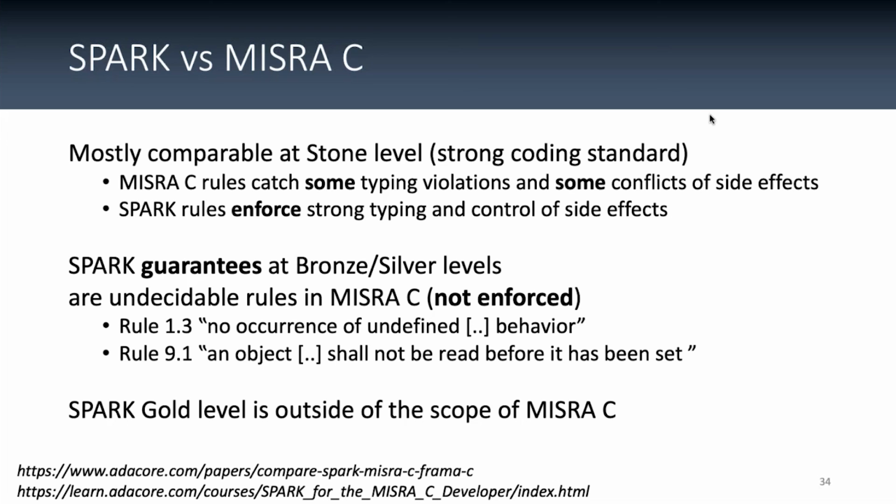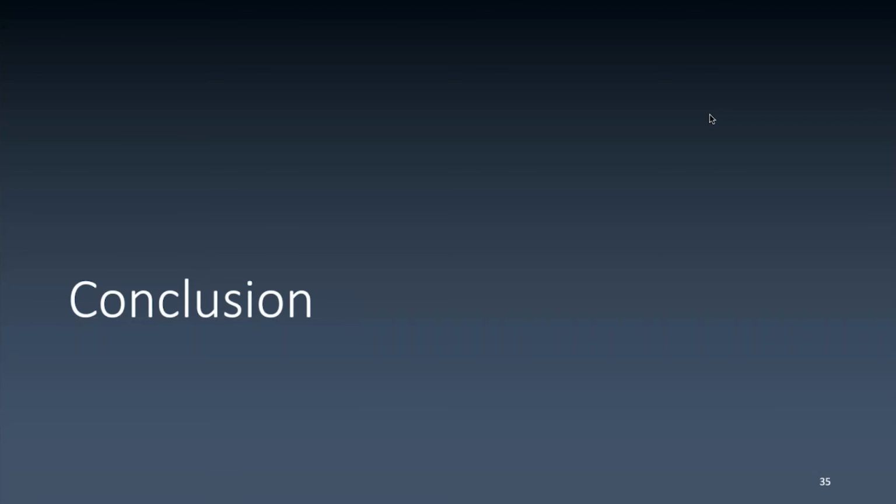And at upper levels, what we get as guarantees at the bronze and silver level with respect to initialization and absence of what we call undefined behavior in C are really undecidable rules in MISRA-C and typically not enforced by tools. And upper levels, like gold level, is really outside of the scope of MISRA-C.